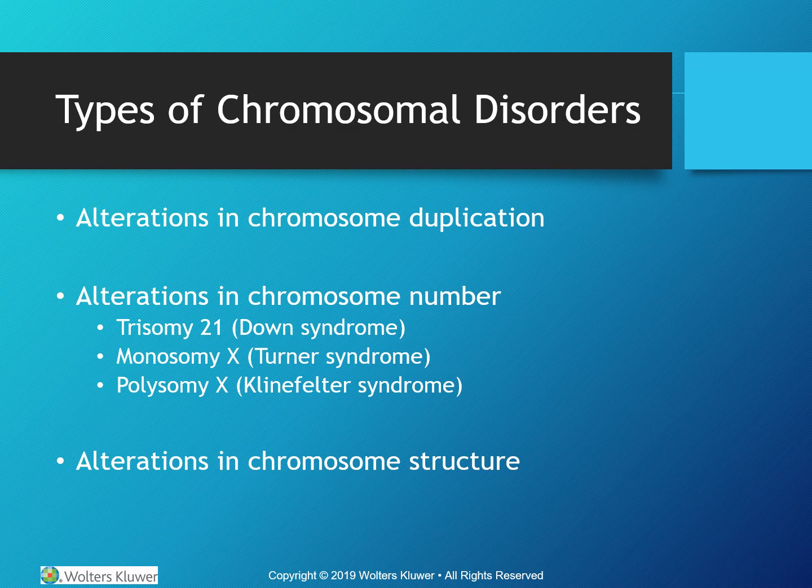Between 10 to 13 weeks, women can have an ultrasound that assesses the nuchal translucency for Down syndrome.